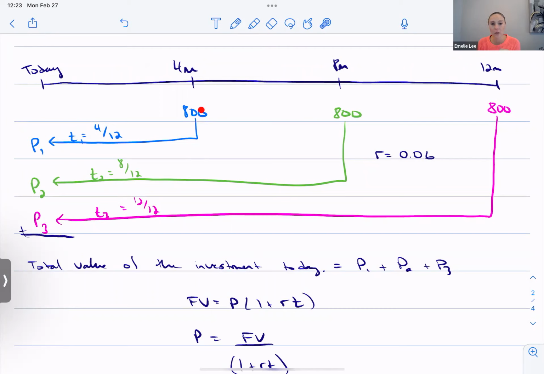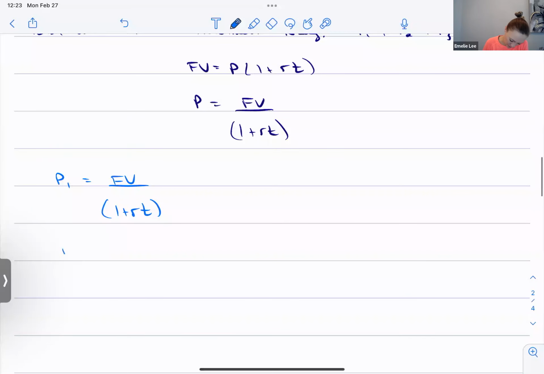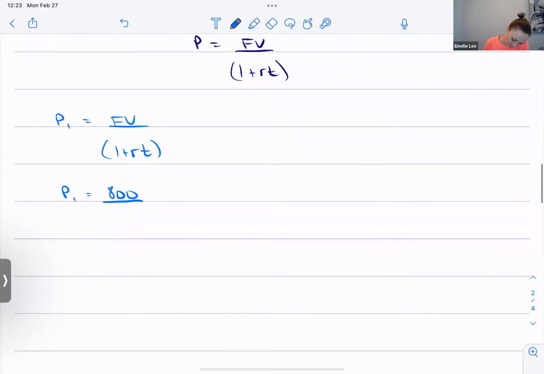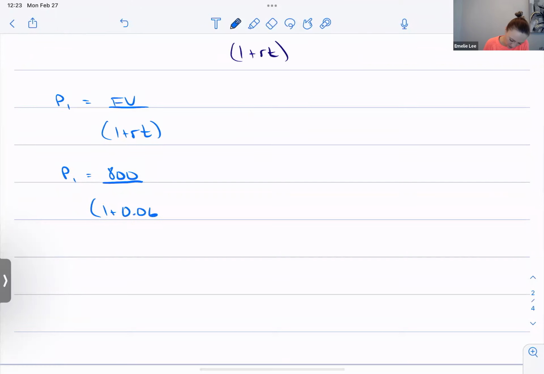So the future value of this amount is $800. So I get P1 is $800 divided by 1 plus the rate, which is 0.06 for each of these, and the time for this first arrow is 4/12. I'll extend this here.